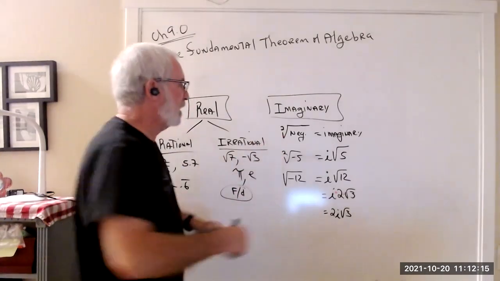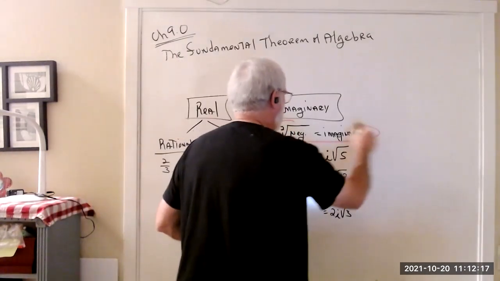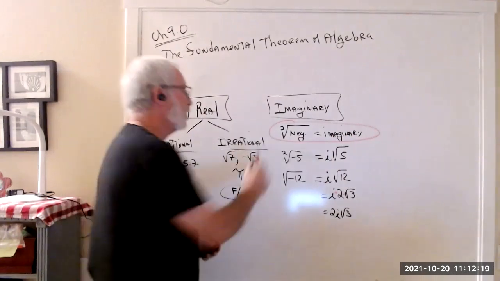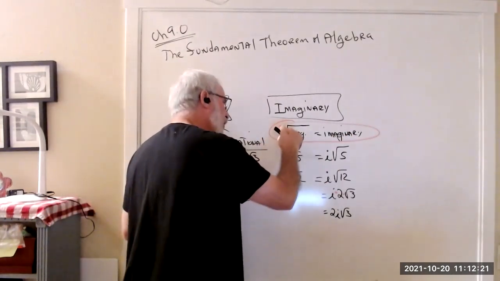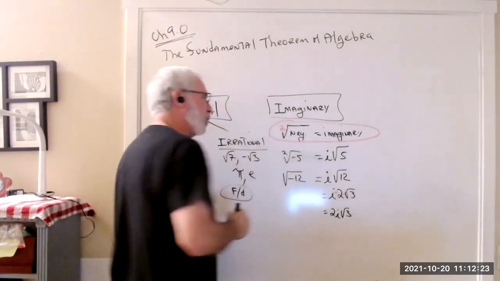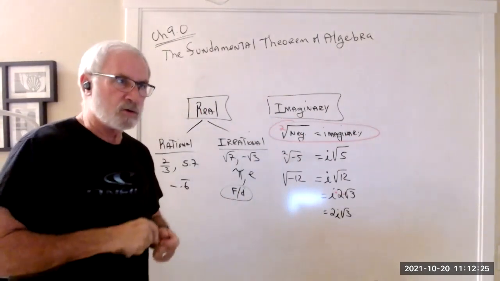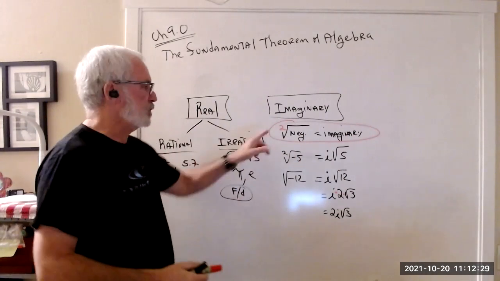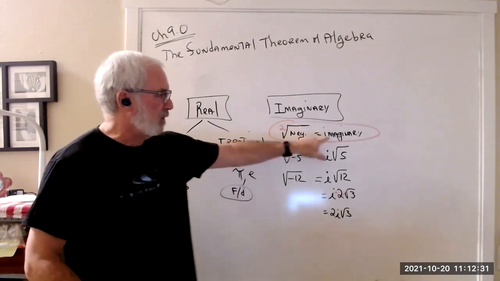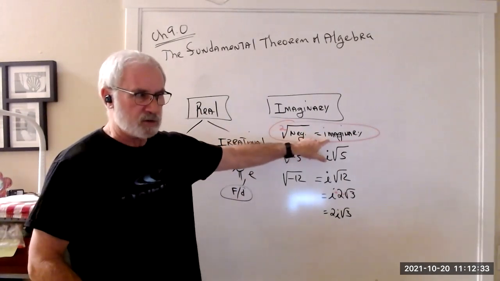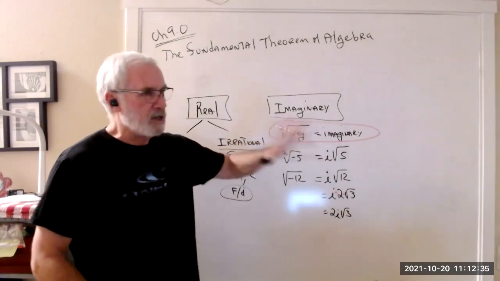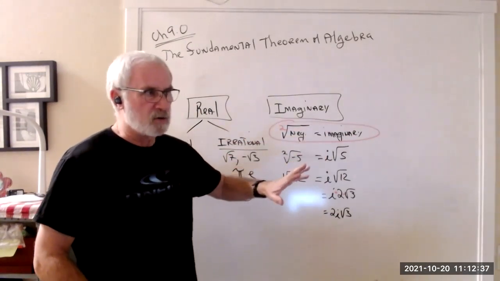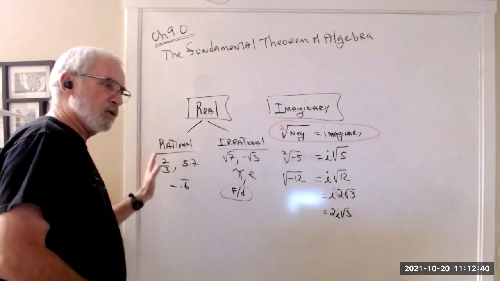But that's the basic idea. When we're looking at the square root of a negative number, and I can't stress enough, it must be the square root only, not cube root, not fourth root, the square root of a negative number means we're dealing with imaginary values. Imaginary doesn't mean impossible, it just means not real.